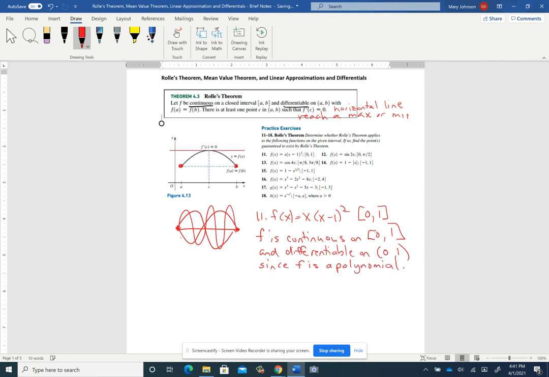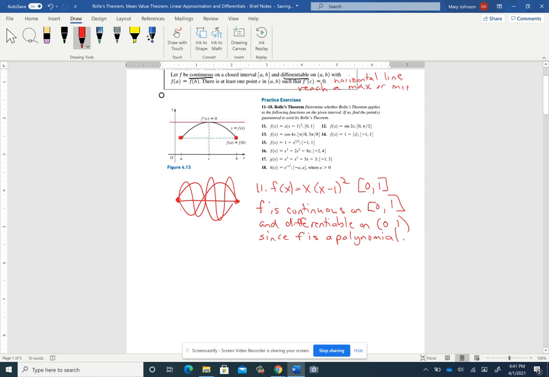Okay. All right, one more thing about being able to use Rolle's theorem. You have to check to make sure that f of 0 and f of 1 both equal the same thing. So you're going to plug those in. This is what I should see if you get asked a question like this. Okay, so that would be 0 times something is 0. And if you plug in a 1, you're going to get a 0 as well from the other factor.